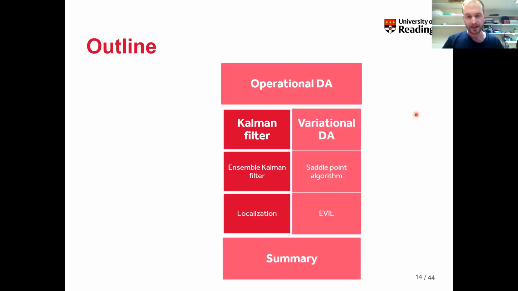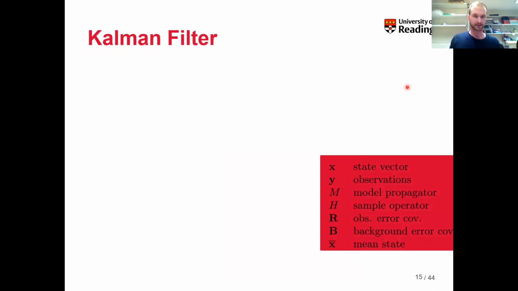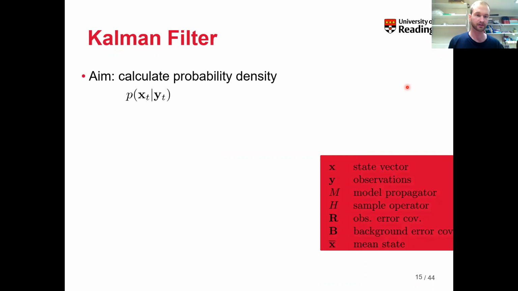For data assimilation, there are two popular families. One is the Kalman filter. And the idea behind the Kalman filter is that you reconstruct this conditional probability.